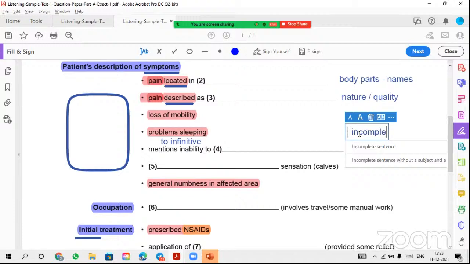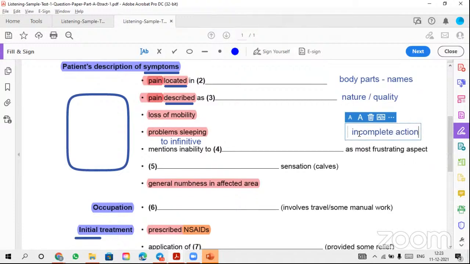I don't know. Insufficient information regarding the activity. Insufficient information. That is what it is.